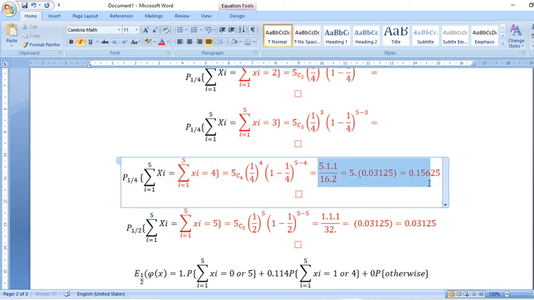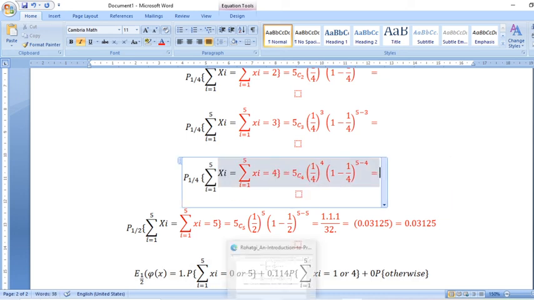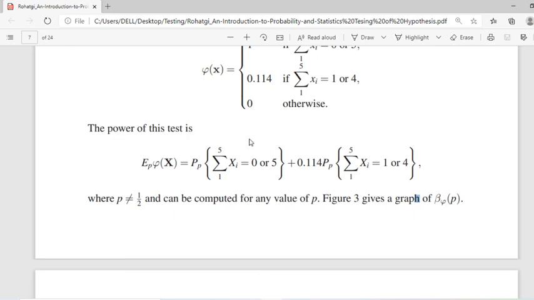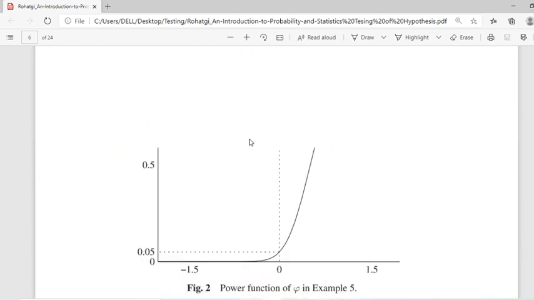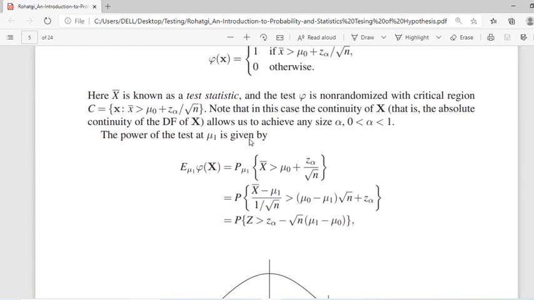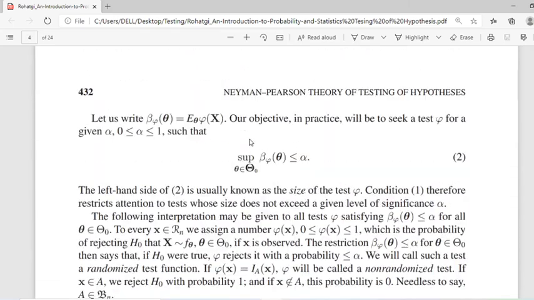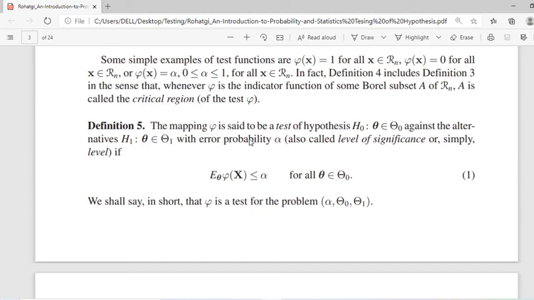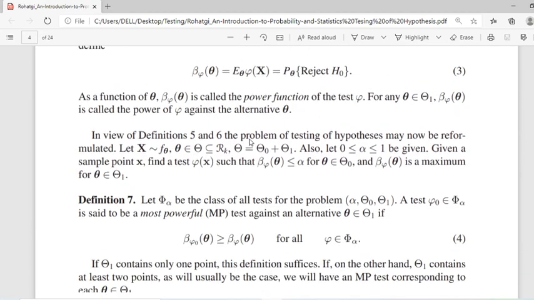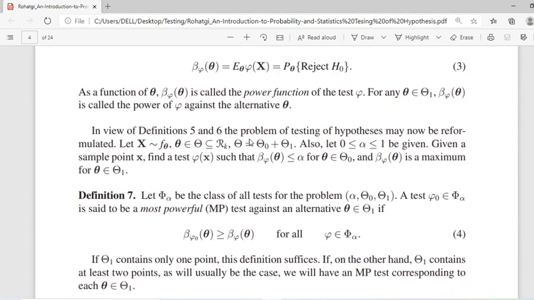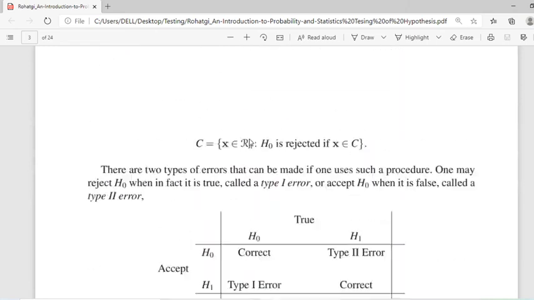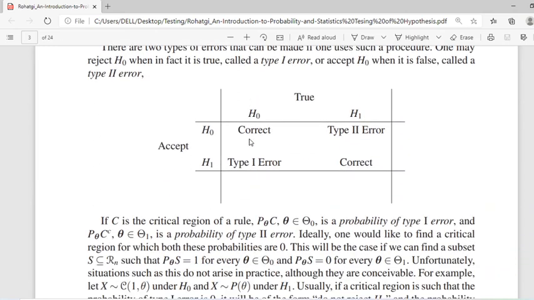What exactly is power? Do you know what power is? What is the formula for power? Accepting H1 when H1 is true.